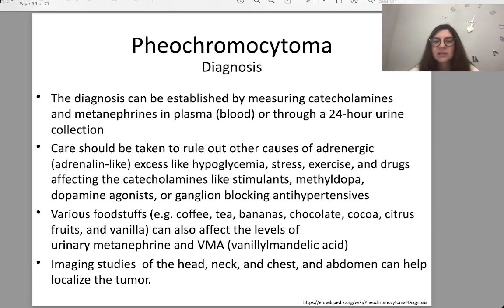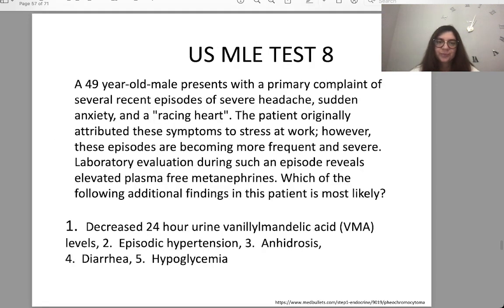Various foodstuffs like coffee, tea, bananas, chocolate, cocoa, citrus fruits, and vanilla can also affect the levels of urinary metanephrine and vanillylmandelic acid. Imaging studies of the head, neck, chest, and abdomen can help localize the tumor.